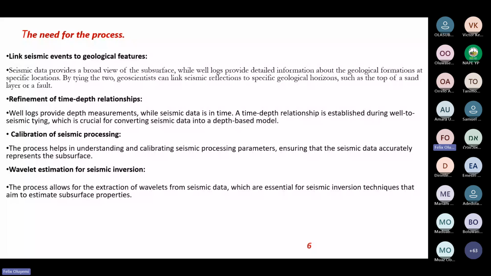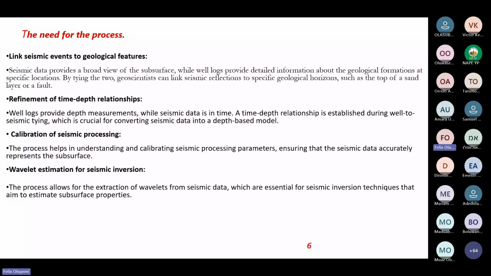Then it helps you in doing some calibration in seismic processing. I noticed some processing guys on this call. So again, when you are doing processing, they normally ask, can I get your check shot? Is this check shot seismic generated, is it a synthetic generated check shot, or is it the original check shot? Then they request for the sonic log.